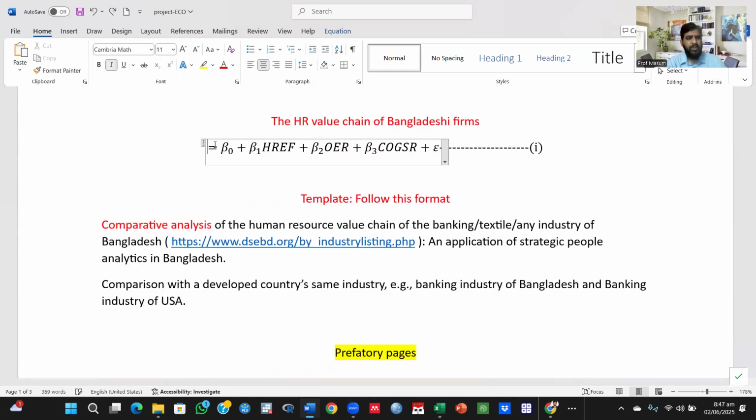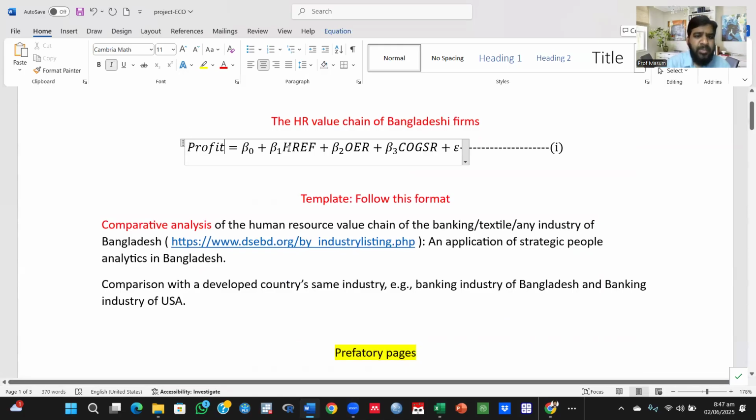So, for example, profit. All right. So, what is the impact of, say, for example, HR expense factor on company's profit? And to make the issue more comparable, you can use some additional control variables. Say, for example, operating expense ratio or rate, cost of goods sold ratio, and some error will be here.